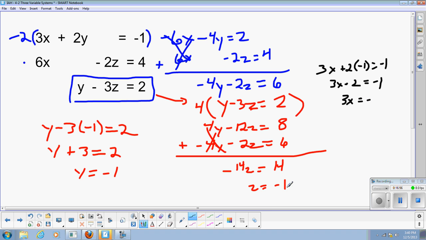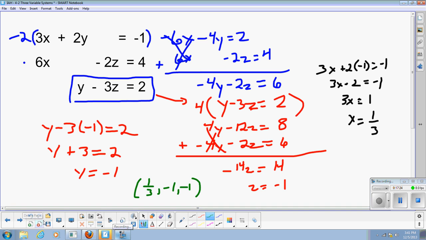All right. So 3x equals positive 1, x equals 1/3. So yes, you can have fractions in your answer. So our final solution on this then reads 1/3, negative 1, negative 1. Final answer on this system.